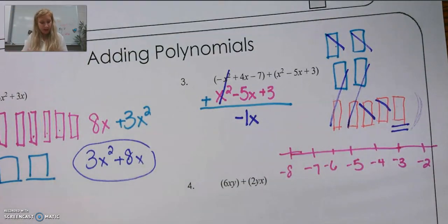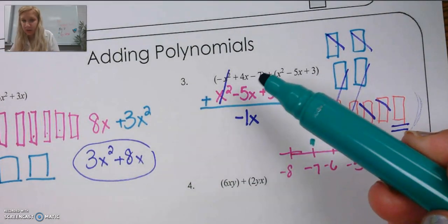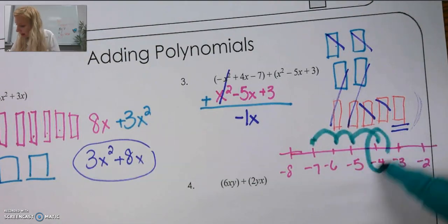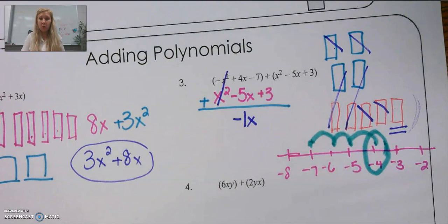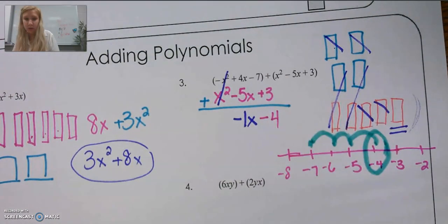Okay, so if I start off at negative 7, and then I'm going to add 3. Move 1, 2, 3. I end up at negative 4. So when I combine these two numbers, I get negative 4.